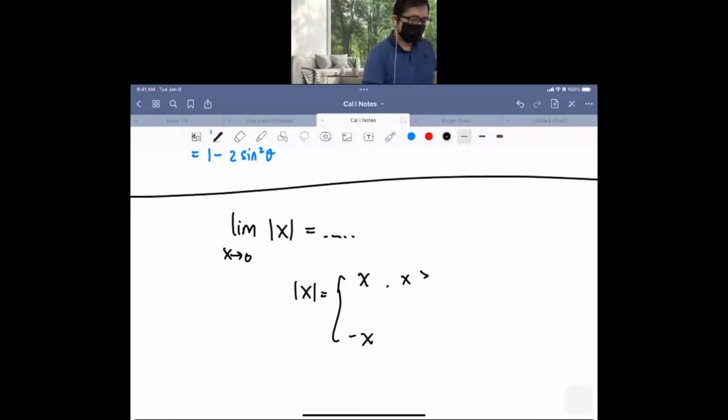The interval should be x greater than or equal to 0 for positive, and negative for x less than 0. Sometimes the other way is also true. It doesn't really make that much difference, but the default way is the left one, greater than or equal to 0. If you switch both of them, it should be okay. This is saying that the interval will be all true except at x equals 0. There will be something there.